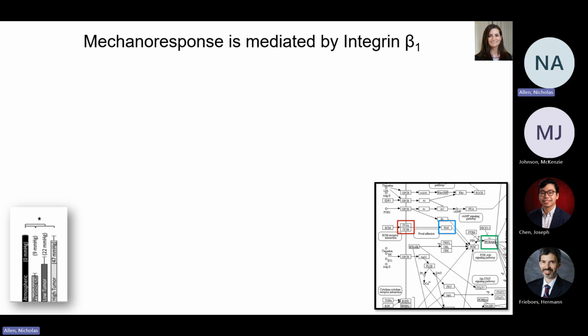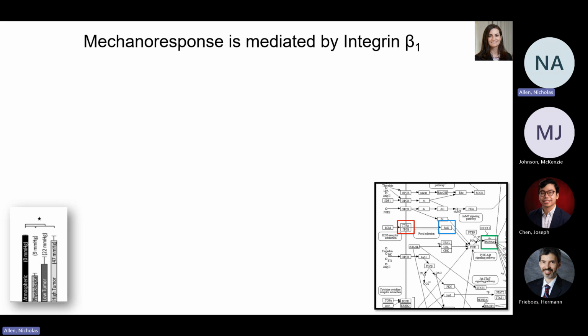And we said this because we know that any sort of mechano response probably initiates from the cell membrane. There's been a lot of work on mechanotransduction in cancer and other contexts, and beta 1 is a known mediator of that. Beta 1 is upregulated in glioblastoma. That would explain why we might see a different response in cancer versus normal cells. So that's kind of how we formed our hypothesis.